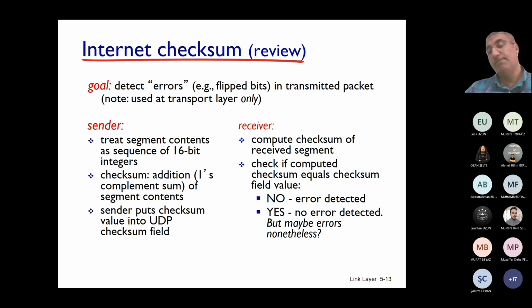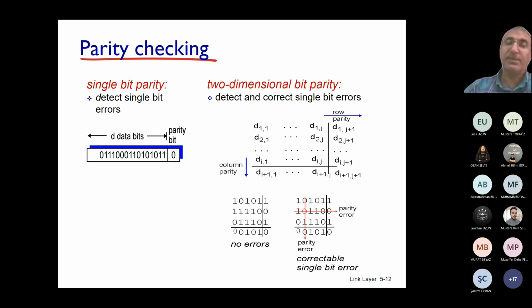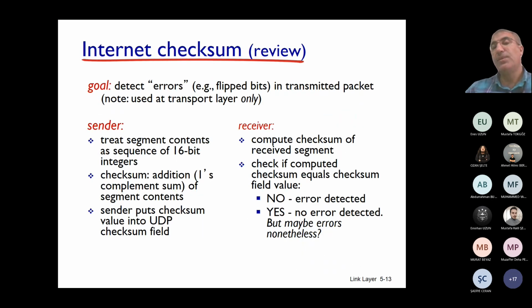Okay, that was the error detection and correction at the link layer. If you remember, we have another mechanism at the transport layer, which we call the internet checksum. The main goal of the internet checksum was to detect errors in the transmitted packet, right? So how was this working?